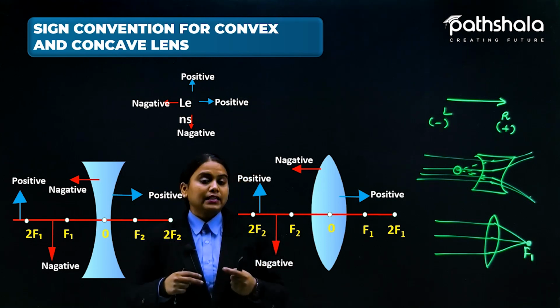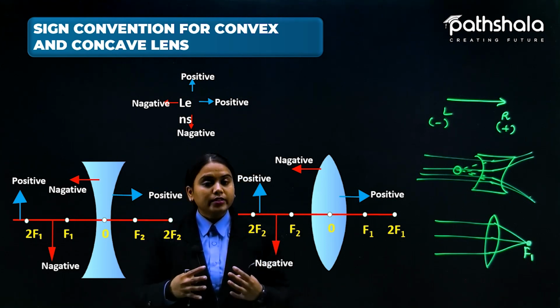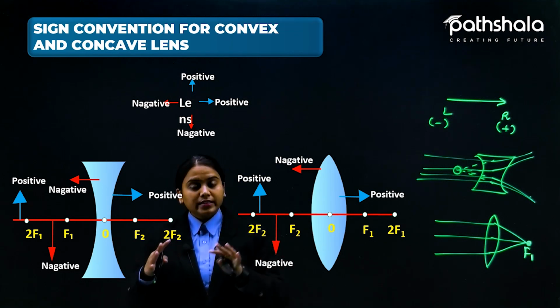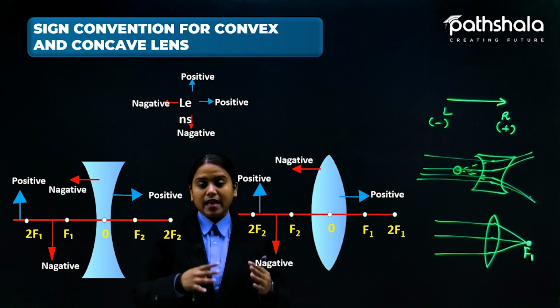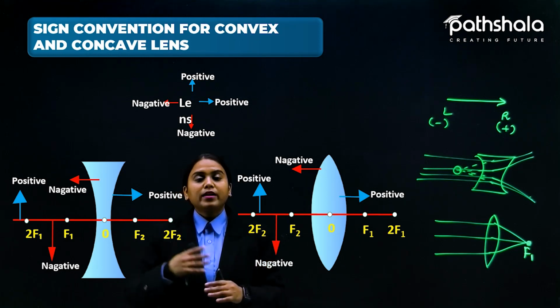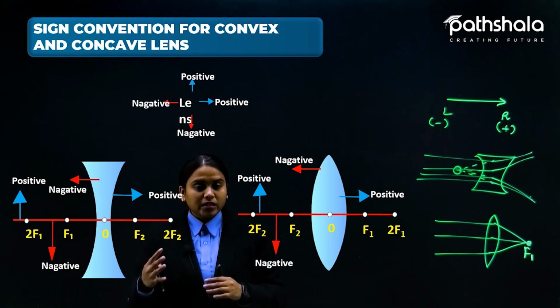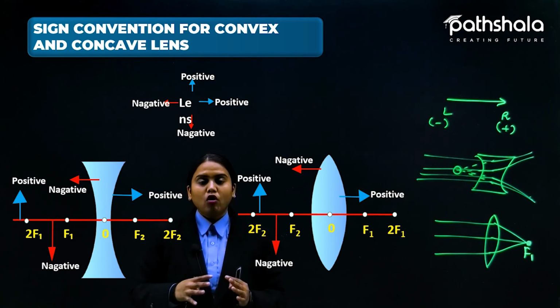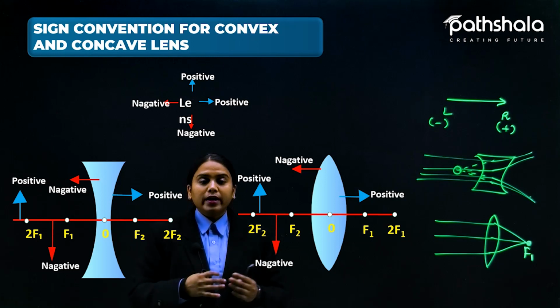These are sign conventions, students, that we have assigned: whenever a light ray is going like this, it will be considered as positive, and if it is going against or in the opposite direction, it would be taken as negative. So it would be convenient for us to calculate things.